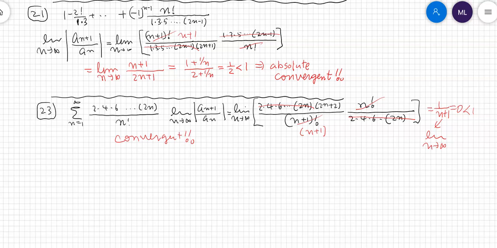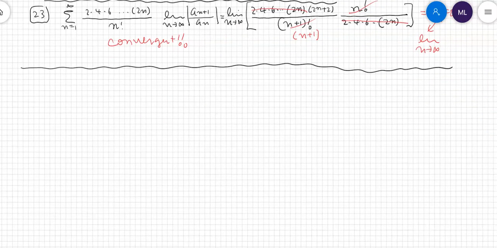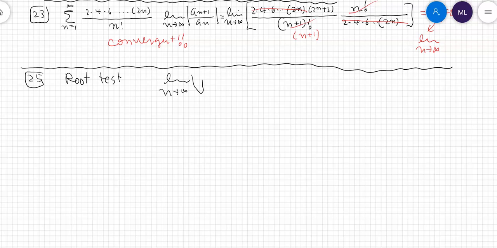That's a root test. It's a different test. Okay, here, 25 is a root test. Remember the root test: the limit as n goes to infinity of the nth root of a_n. We're checking this one. 25 is the summation from n equals 1 to infinity of n squared plus 1 over 2n squared plus 1, to the nth power.